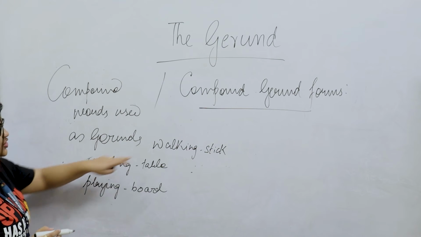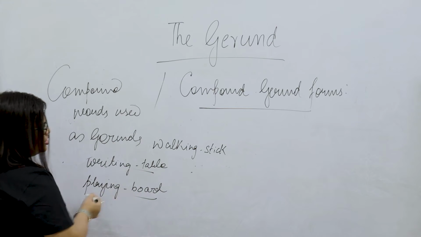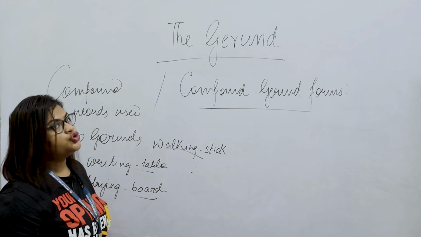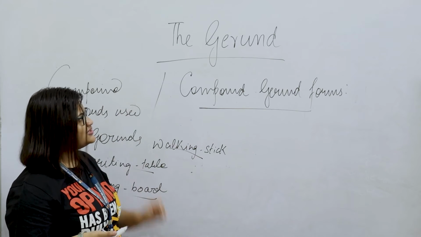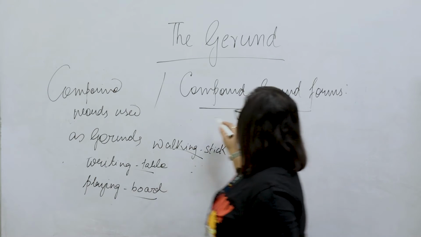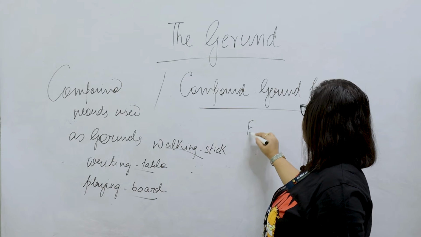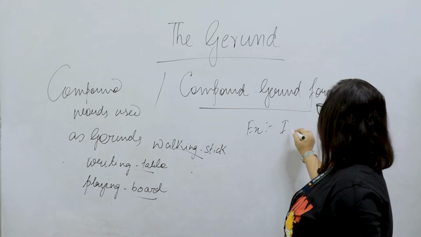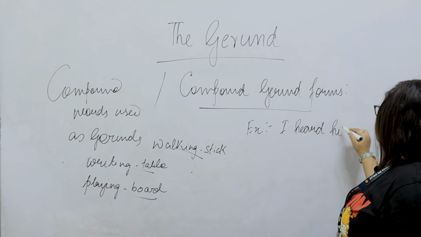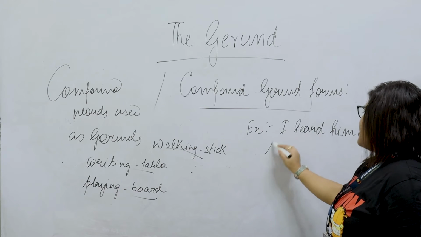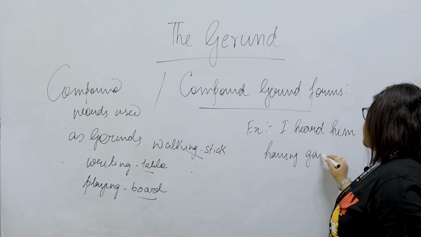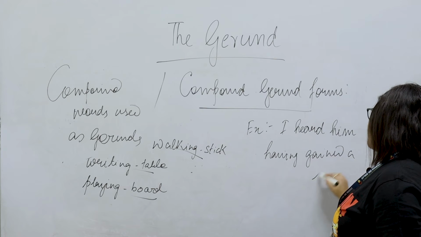One is in the form of a gerund and this is making it a compound form of a gerund. And if we want to use these same compound forms in sentences, how will we use them? We can say, I heard him having gained a prize.